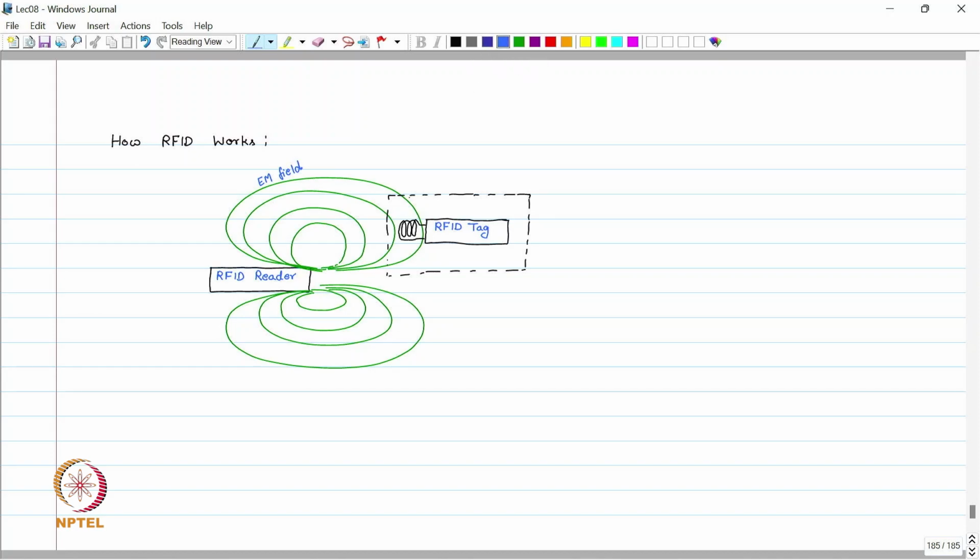In this region, the magnetic field is affected by the RFID tag data.